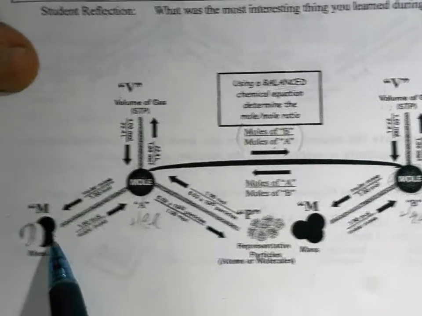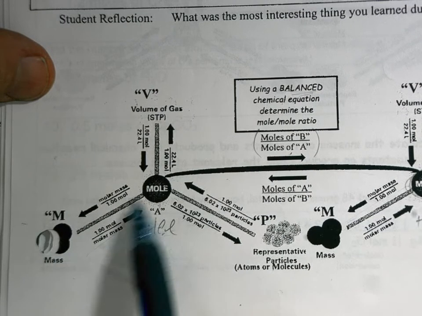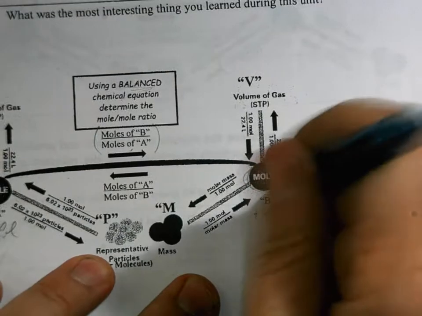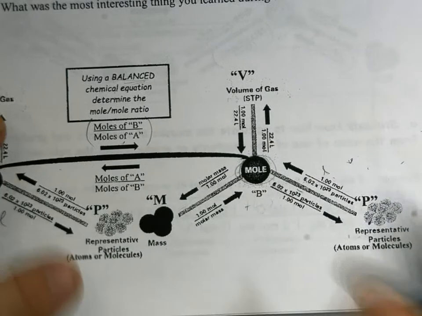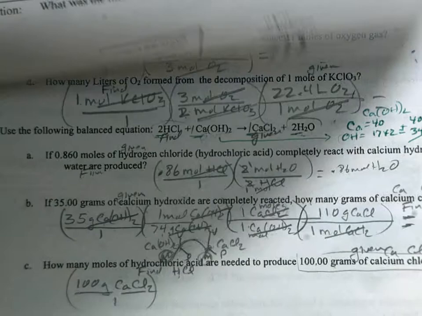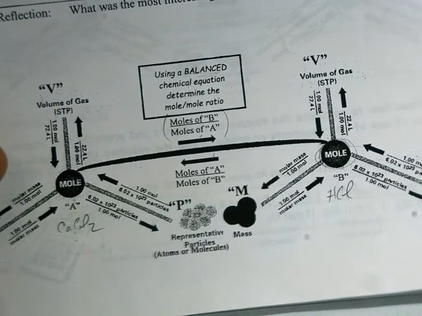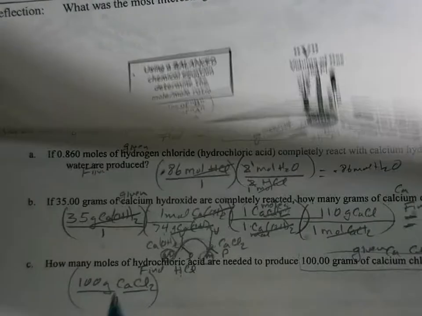So we're starting at grams. We're going to have to convert that to moles. And fortunately, I think we only have to do 2 conversions because we need moles of hydrochloric acid. In fact, I'll just label that HCl. And this was CaCl2. So we're starting at 100 grams.